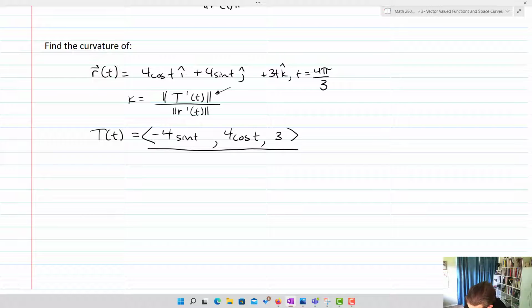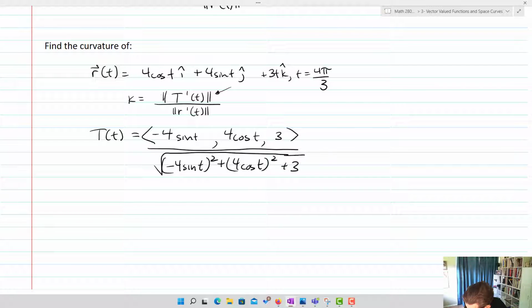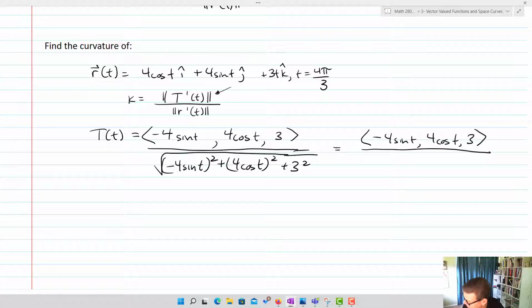So divided by the square root of negative 4 sine t squared plus 4 cosine t squared plus 3 squared. And so that ends up equaling negative 4 sine t, 4 cosine t, 3 divided through by the square root of 16 times sine squared t plus cosine squared t, plus 3 squared.